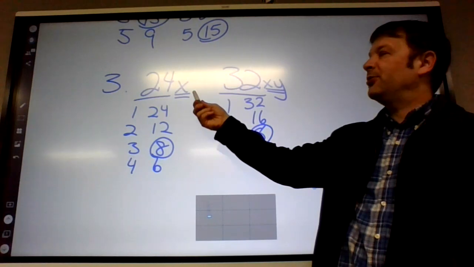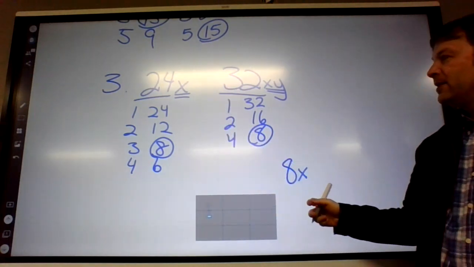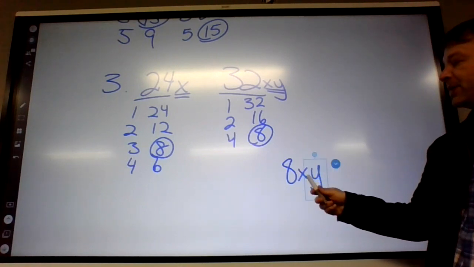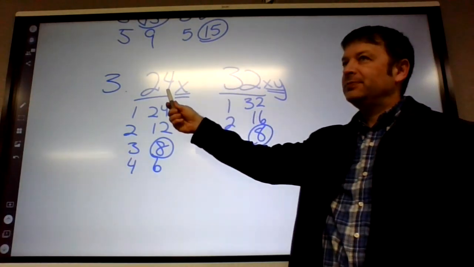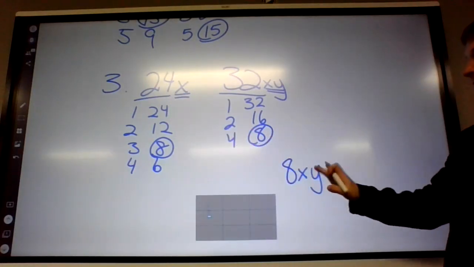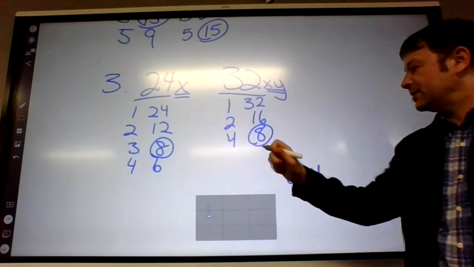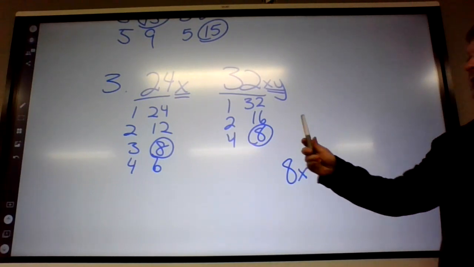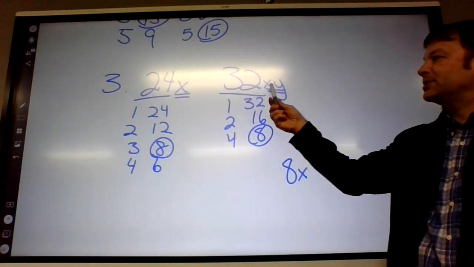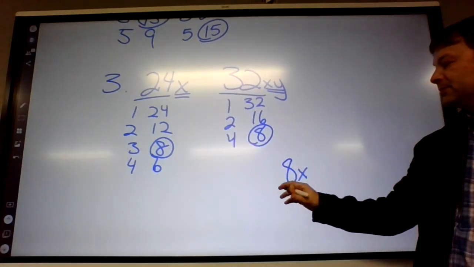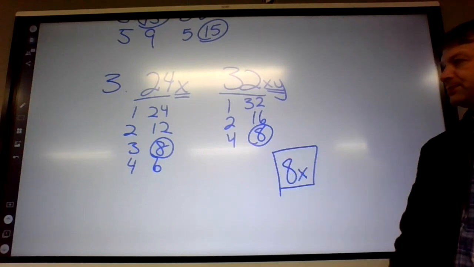So I'm not going to use a y, because if I put a y, could I multiply this to turn into that? No. So it's not a factor. This is not a factor of 24x, so I can't use a y. The least of my x's is 1x, and the least of my y's is no y's. So that is it.